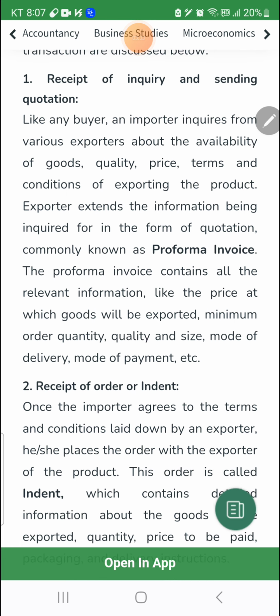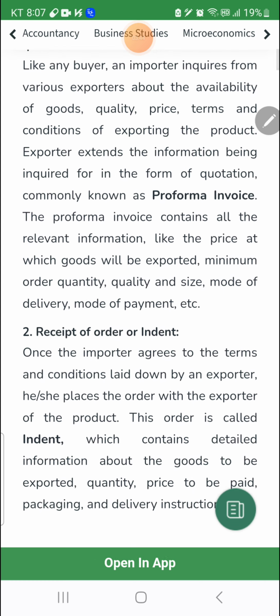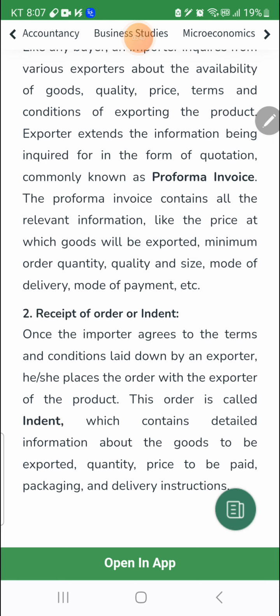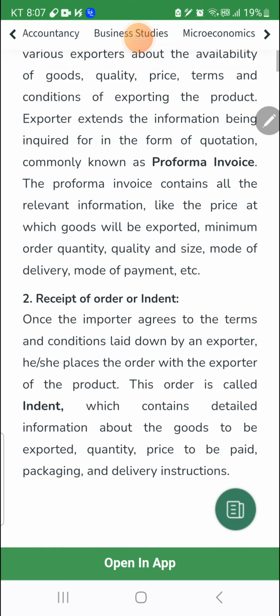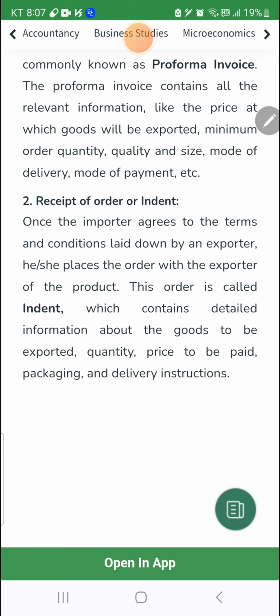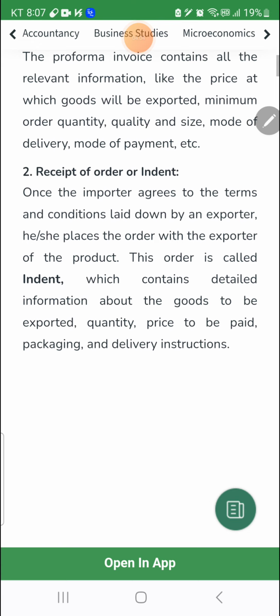The exporter extends the information being required in the form of a quotation, commonly known as a pro forma invoice. The pro forma invoice contains all the relevant information like the price at which goods will be exported, minimum order quantity, quality and size, mode of delivery, mode of payment, etc.